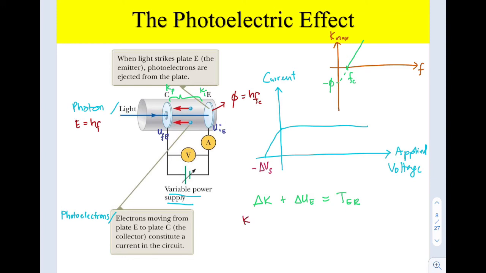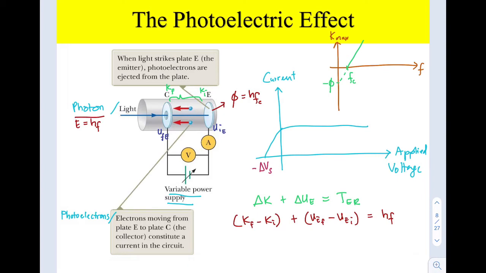Now if we substitute all this, K final minus K initial plus U electric final minus U electric initial is equivalent to hf. That is the energy being transferred by the photon.